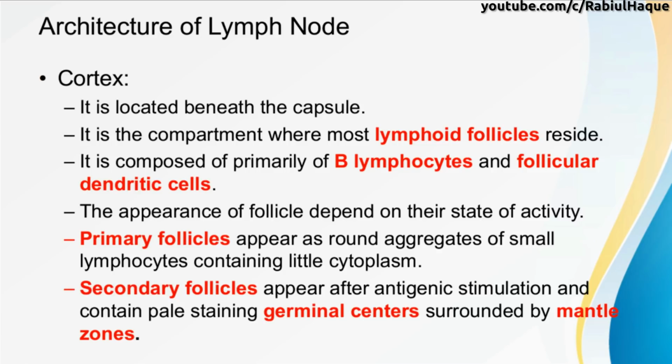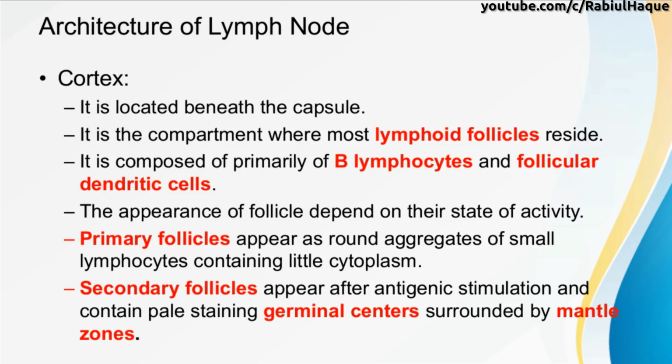Primary follicles appear as round aggregates of small lymphocytes containing little cytoplasm. We can also define primary follicles as follicles that do not contain a germinal center.